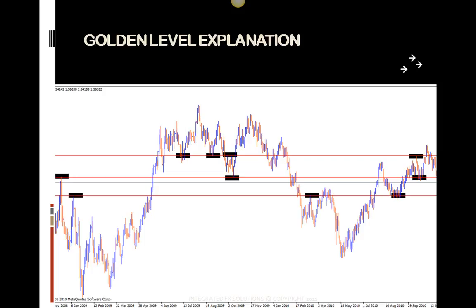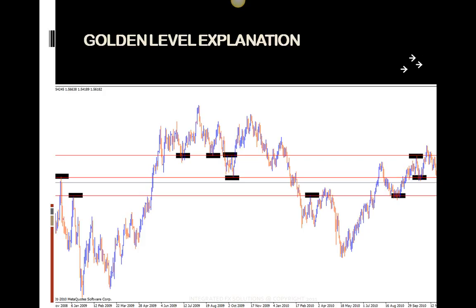Price also rallied. Then the third box, we can see how price acted as resistance. So at that point, we've seen a switch or a flip between support and resistance, and that made a golden level, an established golden level.